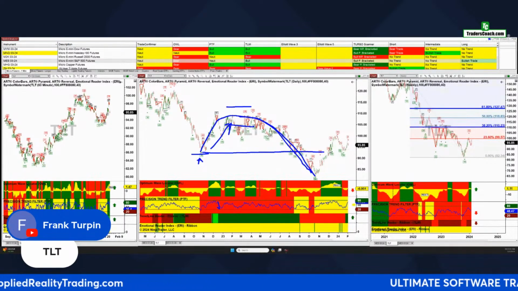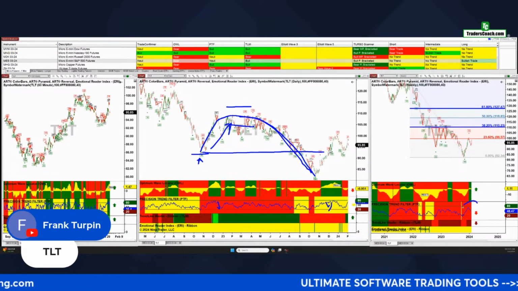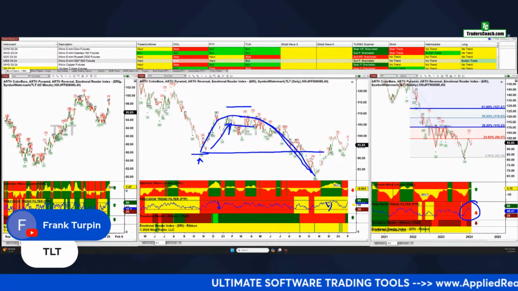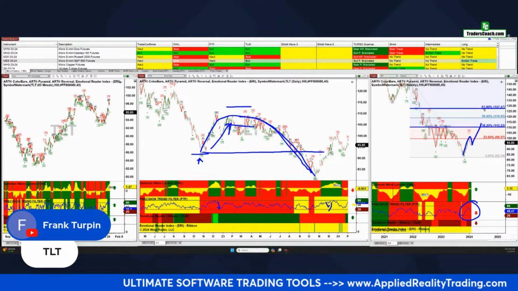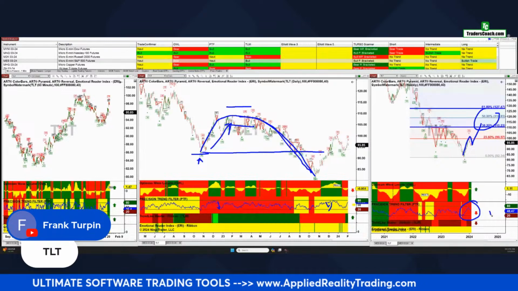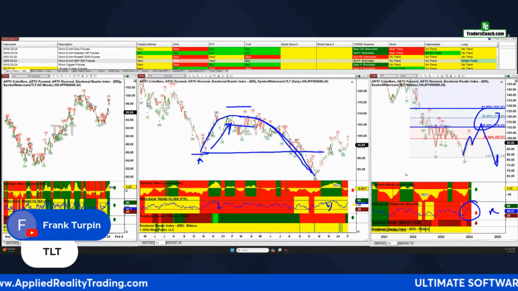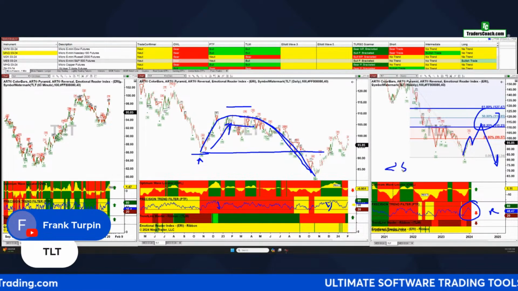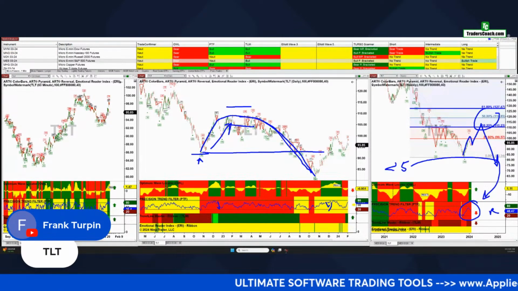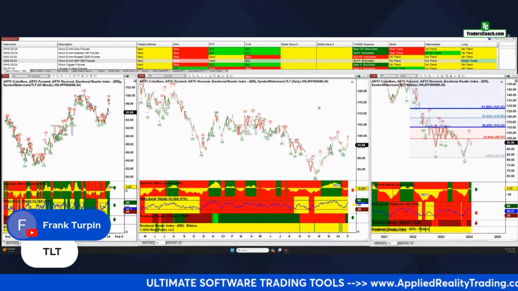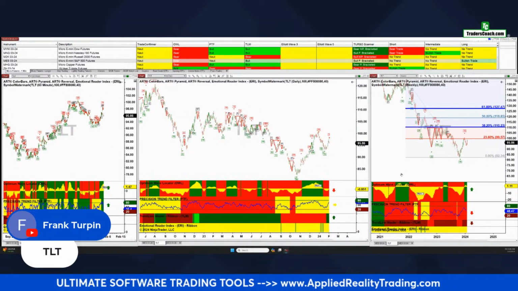So it failed again, turned yellow, which is good, but then this turned back to red. So this is showing that we could get up into this area, but if this stays red, then it could come back down. Now, it's wrong 25% of the time. So if by chance it's wrong and turns green, well, then I'll change my stance on it and look for a long trade.